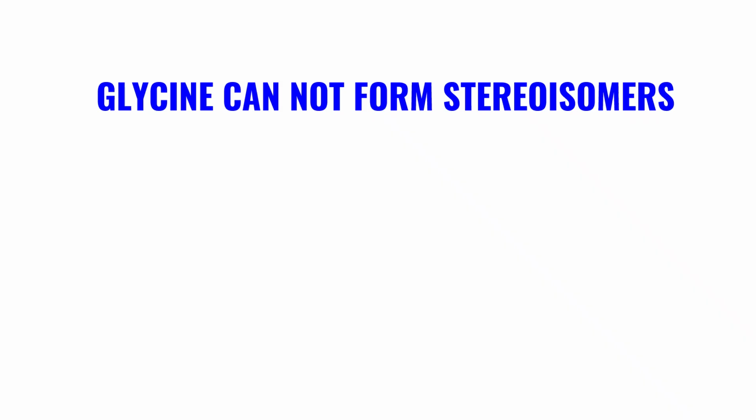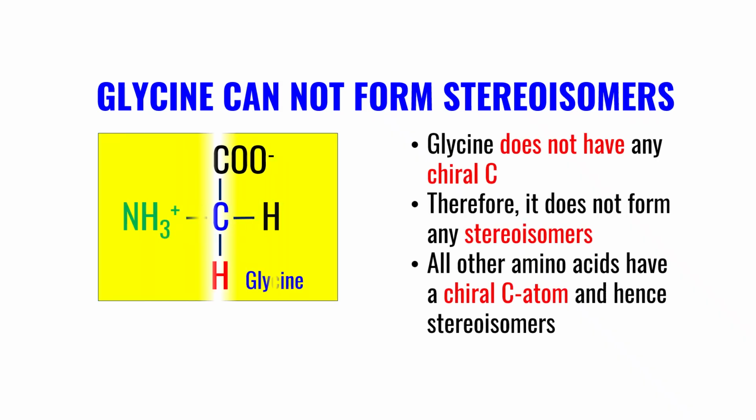Except glycine, all other amino acids are able to form stereoisomers. Glycine cannot form stereoisomers because there is no chiral carbon atom in this molecule. All other amino acids, as I said earlier, have a chiral carbon atom, therefore they are able to form stereoisomers.